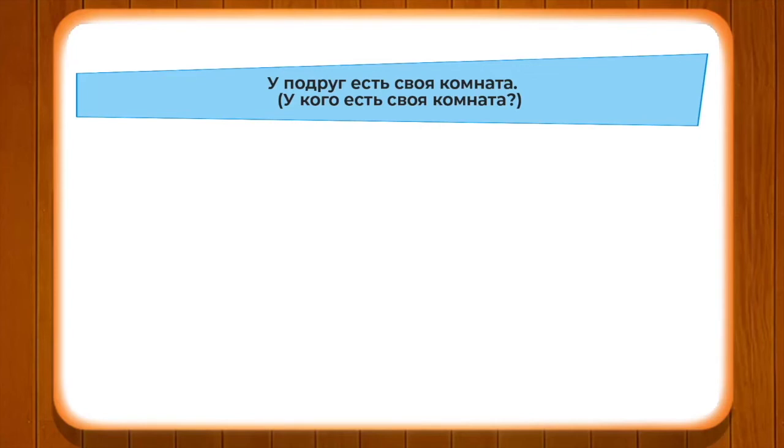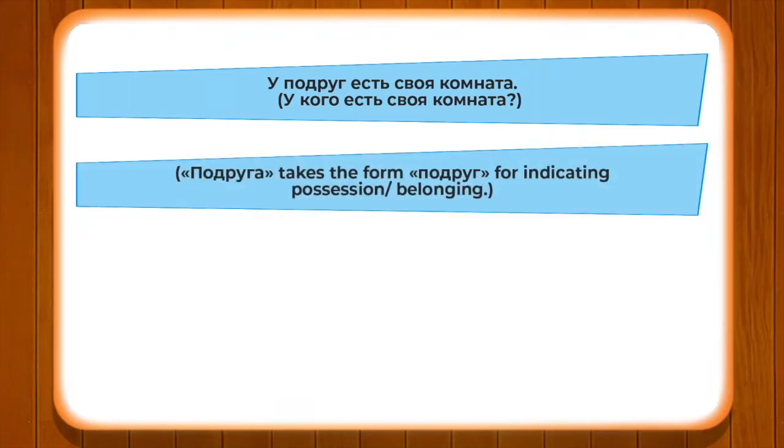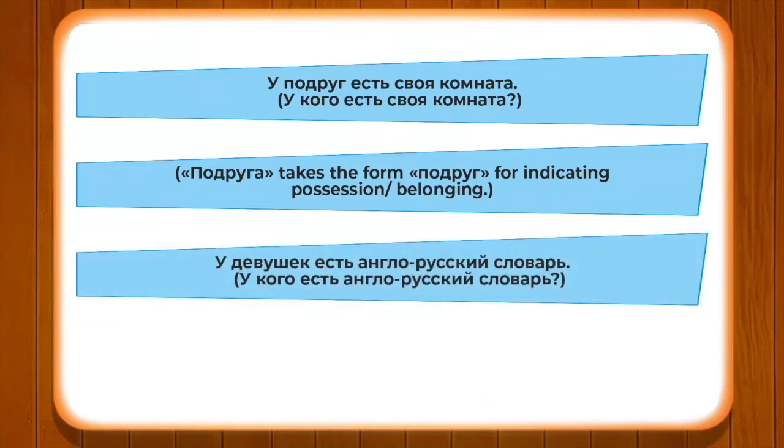The question is, у кого есть своя комната? У подруг. Подруга takes the form подруг for indicating possession, belonging. Likewise, у девушек есть англо-русский словарь. So the question comes, у кого есть англо-русский словарь? У девушек. In nominative, девушка, the plural is девушки, but in this case the plural is девушек.